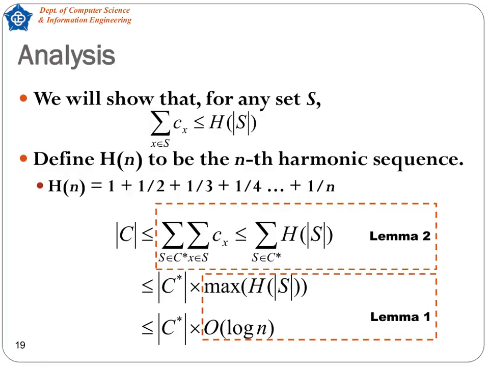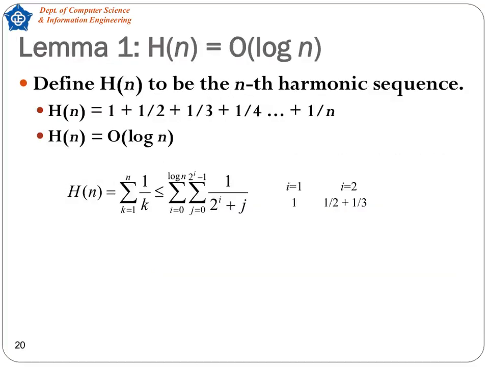Now, lemma 1 introduces the nth harmonic number, H(n) equals 1 plus 1/2 plus 1/3 plus up to 1/n, and claims that H(n) grows on the order of log n. Why is that? We group the reciprocals into blocks whose sizes double each time. Block 1: 1. Block 2: 1/2, 1/3. Block 3: 1/4 through 1/7, and so on.